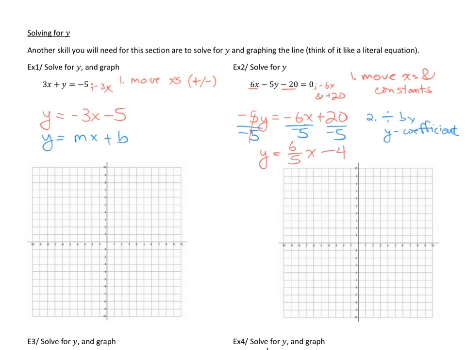So some more about this slope intercept form, this y equals mx plus b. The number all by itself, this negative 4 or this negative 5, that tells you the starting point. And that starting point, we're going to mark it on the y-axis. We call this the slope intercept form.